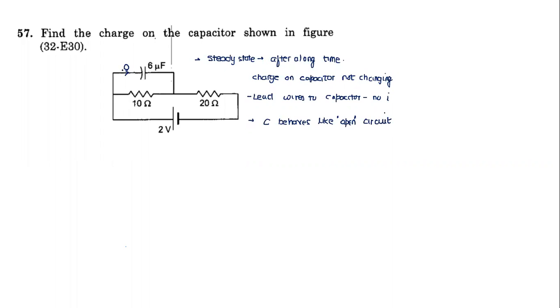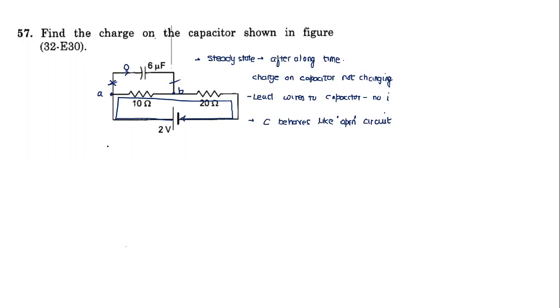So if you have to find charge, in this case we assume no current will flow in this part. We can as well remove this part. So how does the current flow in the circuit in a steady state? In this branch no current will flow, so whatever current starts from the battery will flow this way. The potential difference across the capacitor is the same as the potential difference across the 2 points where the capacitor is connected.